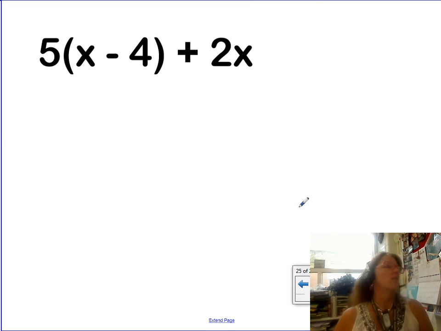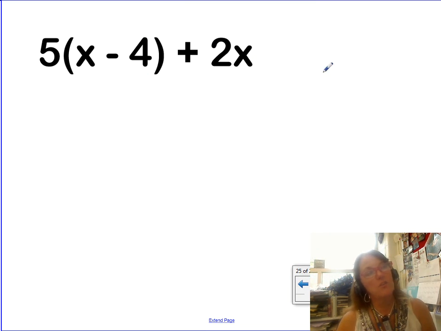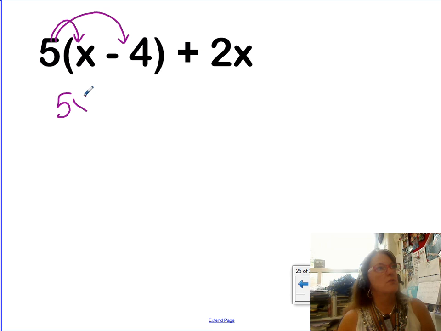All right, now you're going to do a bunch of work with the distributive property, and then you're going to have some more simplifying to do on some of your problems today. So when I look at this, I see 5 times the quantity, x minus 4, so I'm going to distribute 5 times x, 5 times that minus 4.